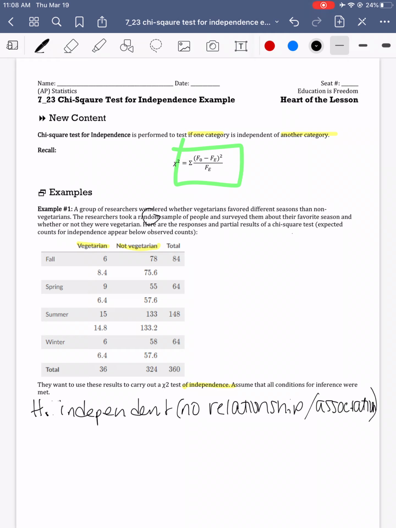They're independent of each other, they're not related, there's no association going on for the null. For the alternative, they're trying to see if they are not independent, if there is some sort of relationship going on between vegetarians and non-vegetarians. So it seems a little counterintuitive that our null would be independence, but that is the case here.